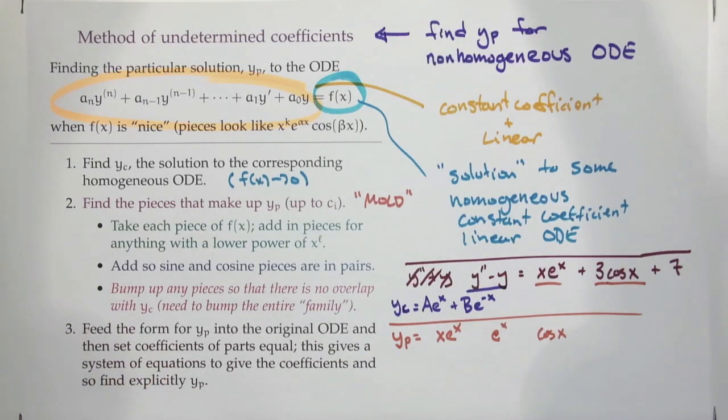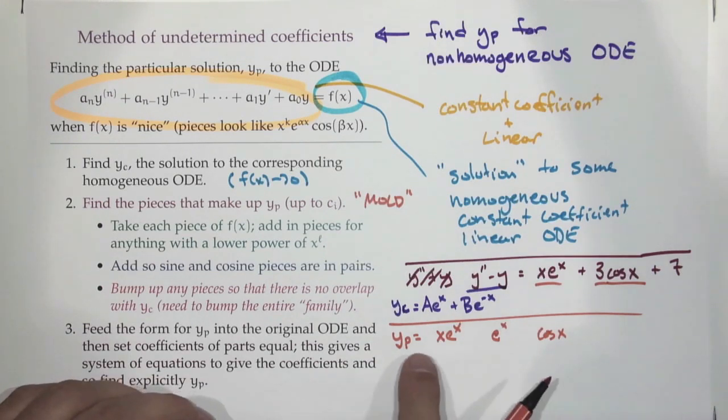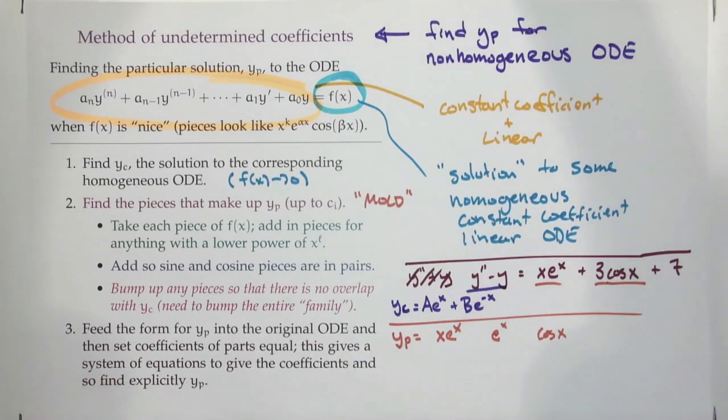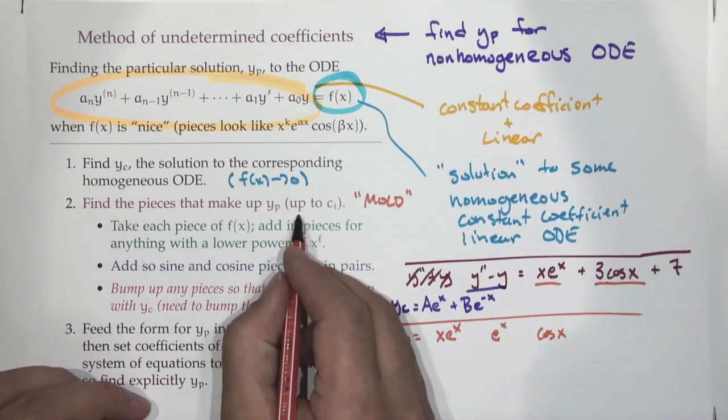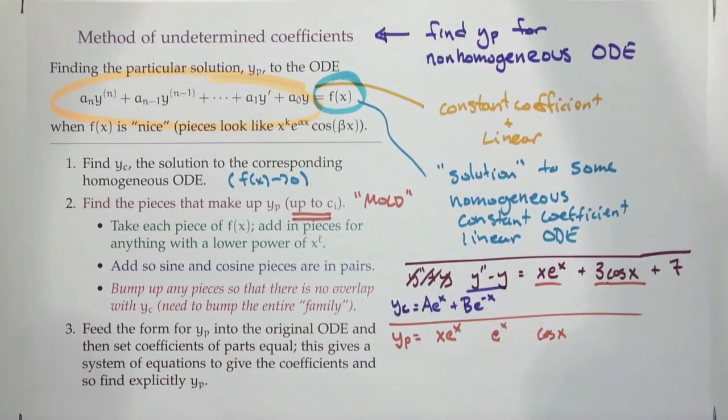Yes. No. Okay, there was one yes, some no's. The answer is no, not here. Because we're going to take linear combinations. We're going to throw in these arbitrary constants. We don't know what the coefficients are. We're finding this, see how it says up to ci? The ci are our coefficients.